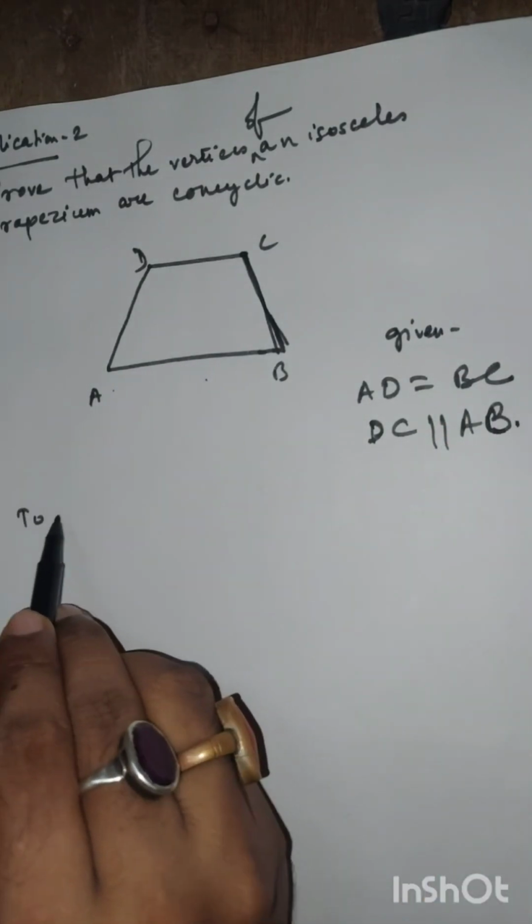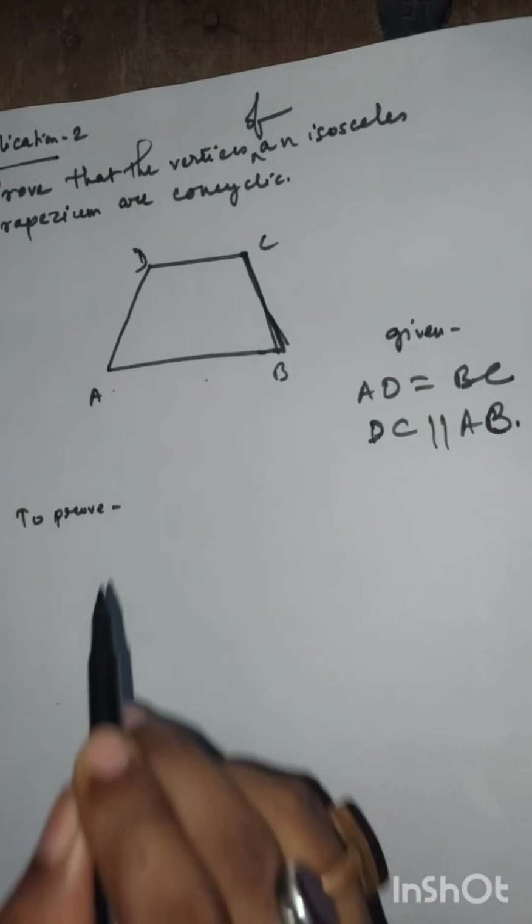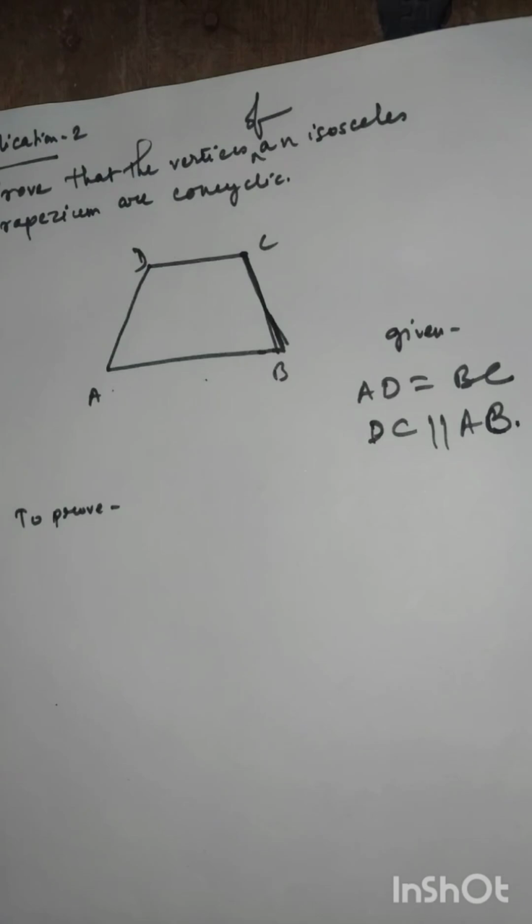To prove, the vertices of an isosceles trapezium are concyclic. We have to prove that. Construction.